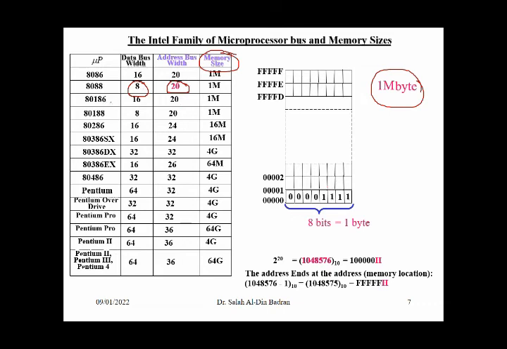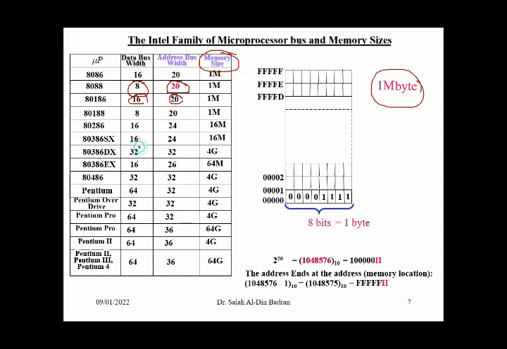But this one, 8086, it has 20, but the data bus here is not 8. Here we should have 16 bits, which we call a word for the Intel family.